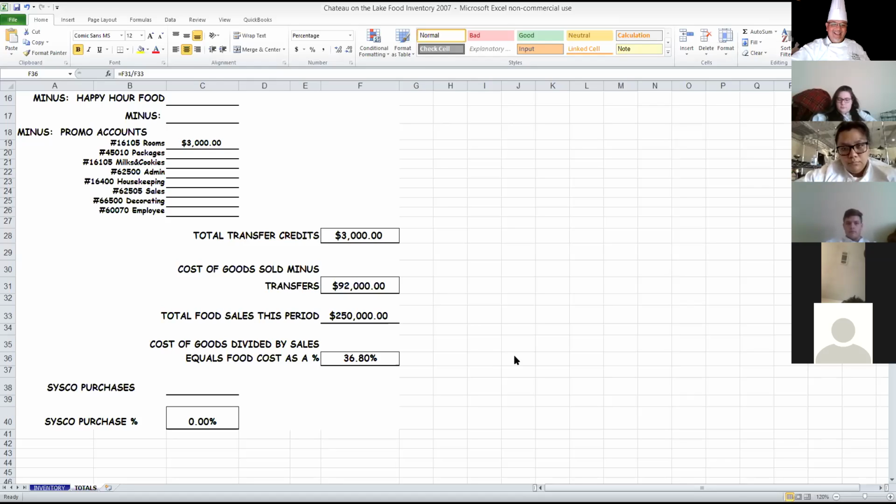So at the end of the month, when you produce your food inventory, you produce those numbers. The next one is going to be a P&L statement. That P&L statement, you want to make sure that your bottom line profit is 20%, not below, because your labor cost is at 30%, give or take. Your food cost should be about 30%.